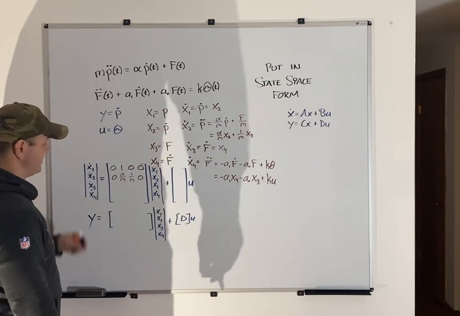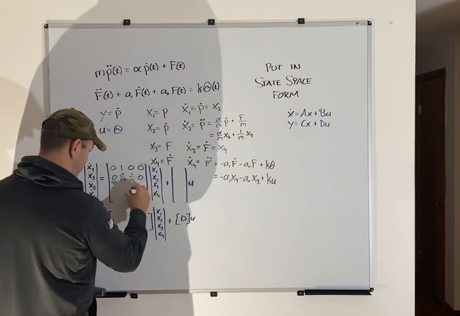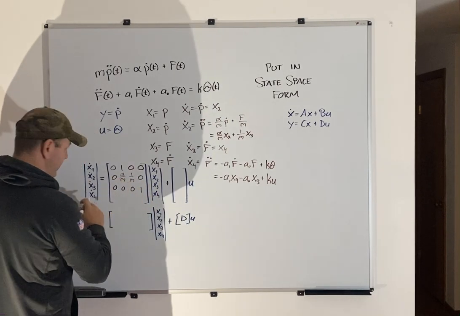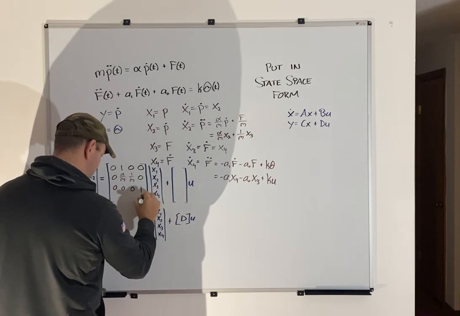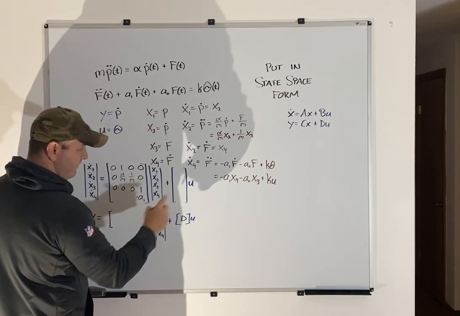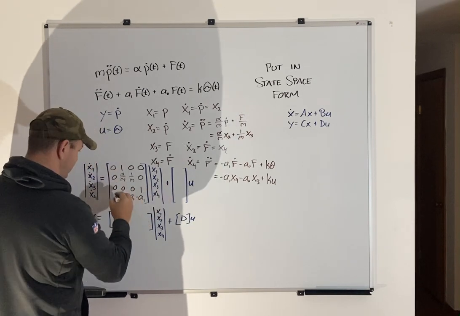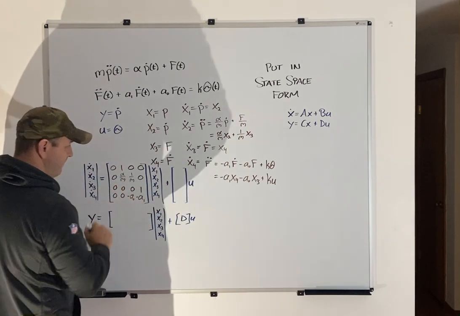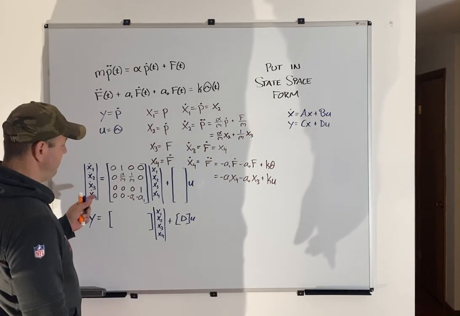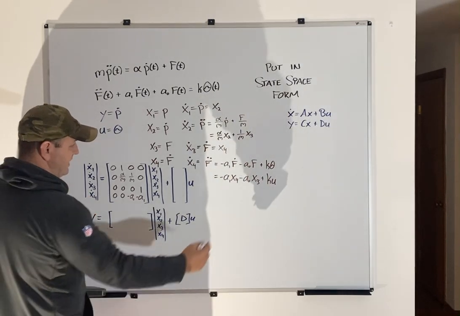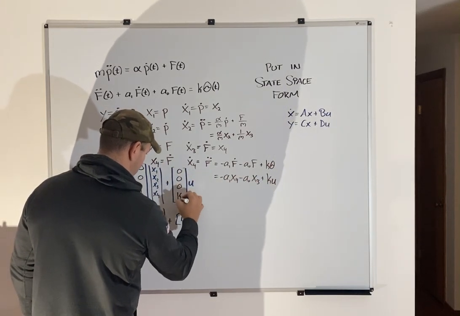And X3 dot had an X4, so that's going to be a 1 here and zeros everywhere else. And X4 dot, negative A1 in the X4 slot, negative A0 in the X3 slot, and zeros everywhere else. And we had a K U here, so it's going to be 0, 0, 0, K.